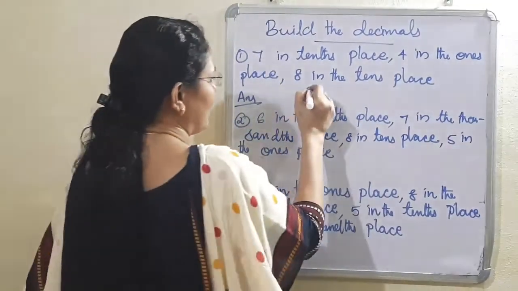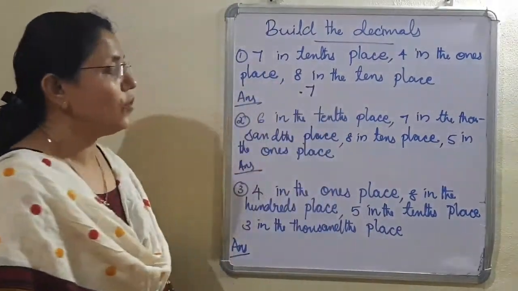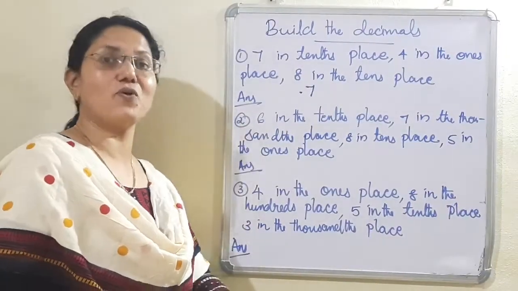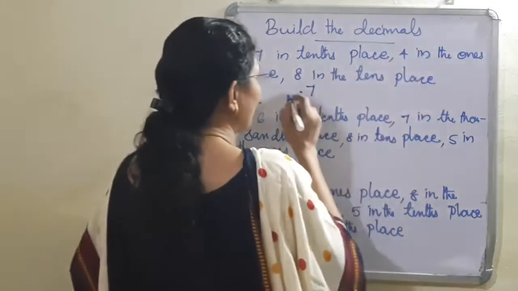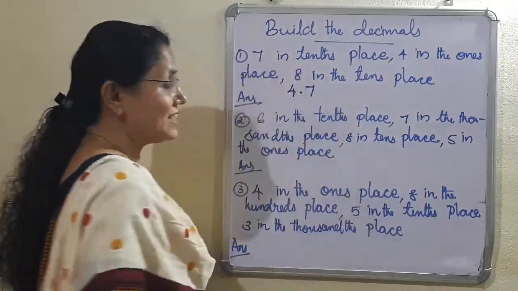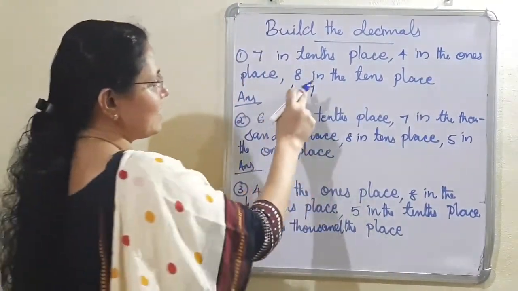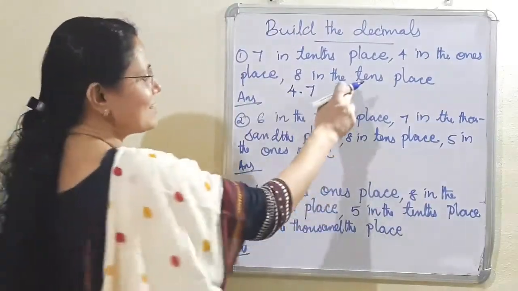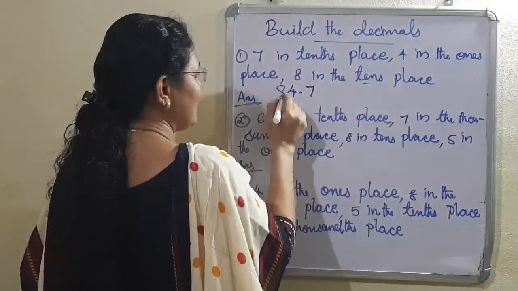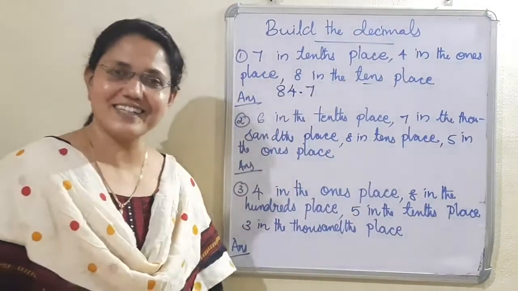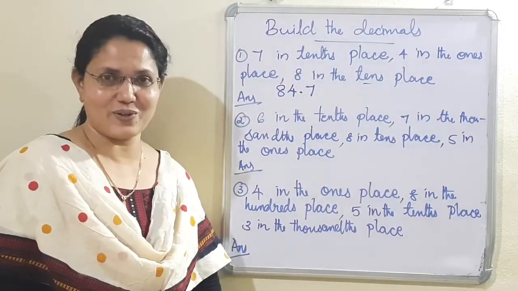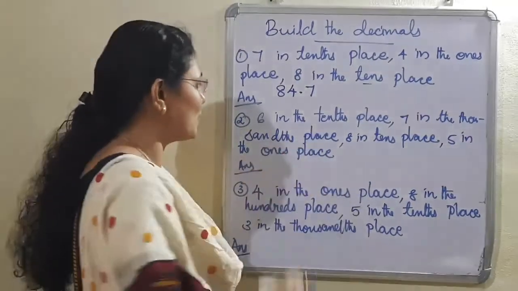That is 7 in tenths place. 4 in the ones place. Ones place, where just before the decimal point, the place is what? Ones, the digit is 4. Next, 8 in the tens place. Just before ones place, the place is what? Tens. The digit is 8. Therefore, here the decimal number is 84.7.